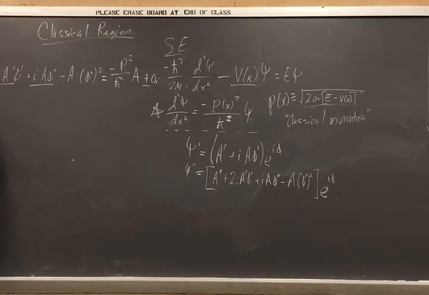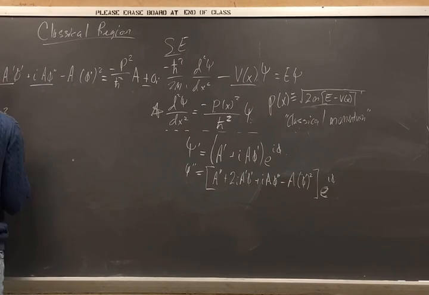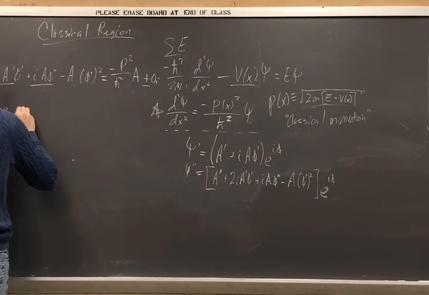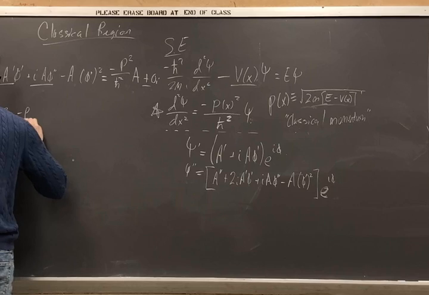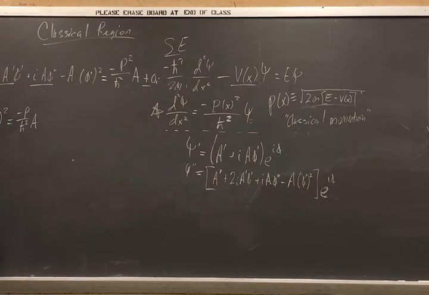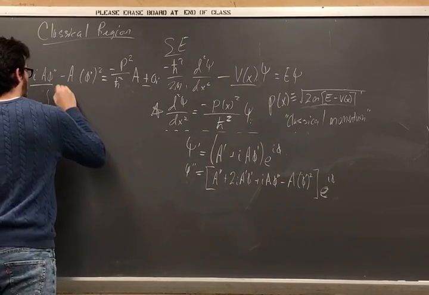We get this real equation here, and the real equation looks like this: a double prime minus a phi prime squared equals, well, this isn't imaginary, so let's keep that as well, minus p squared over h bar squared a. Okay? So that's what we get on the one side, and then on the imaginary side, write it down here.